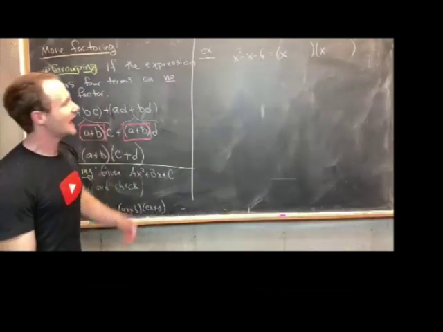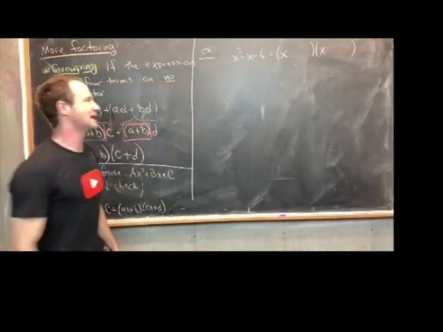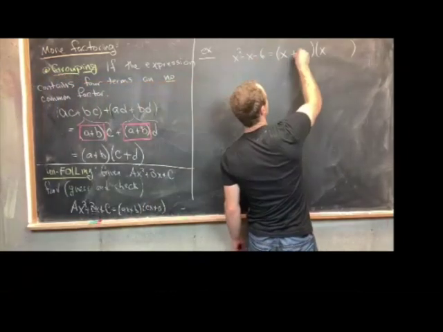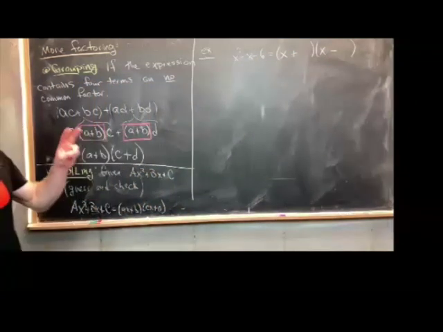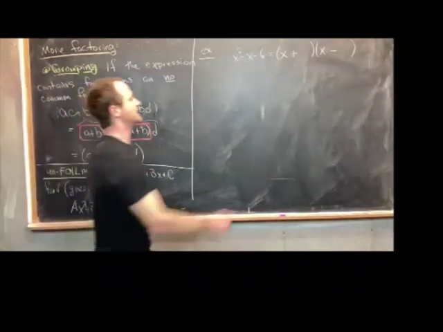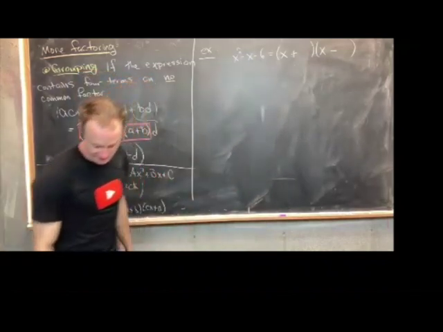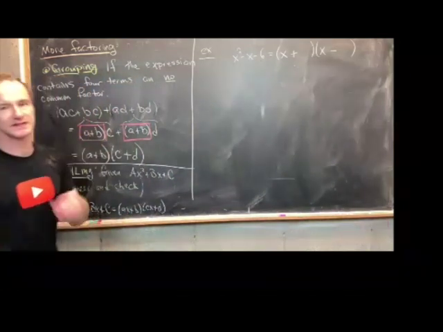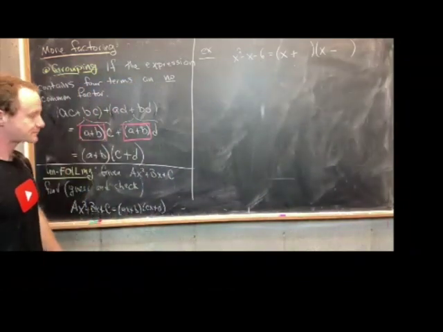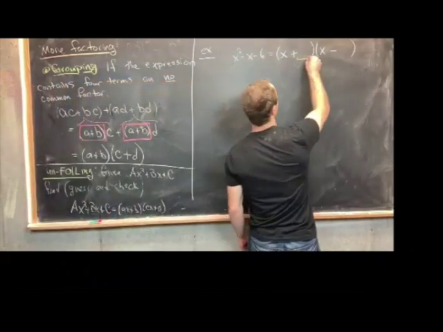And then next, given the fact that you have a minus sign here, that tells us that one of these should be plus something and one of these should be minus something. Notice if they were both pluses, you would get a plus. If they were both minuses, you would also get a plus because a negative times a negative is a positive. So that means they have to have opposite signs. Now we just have to determine what numbers go here.